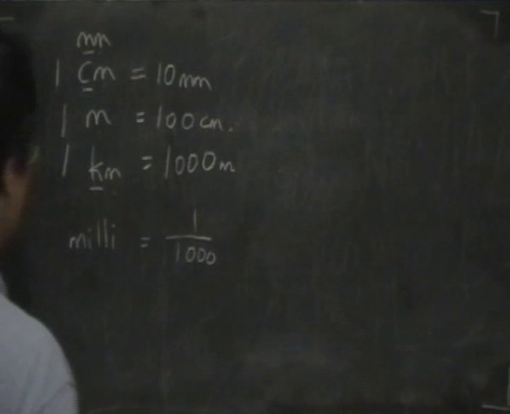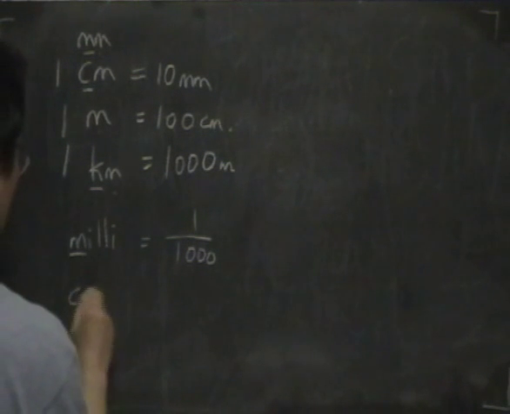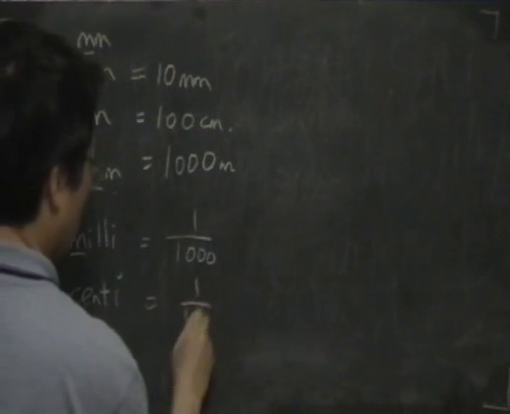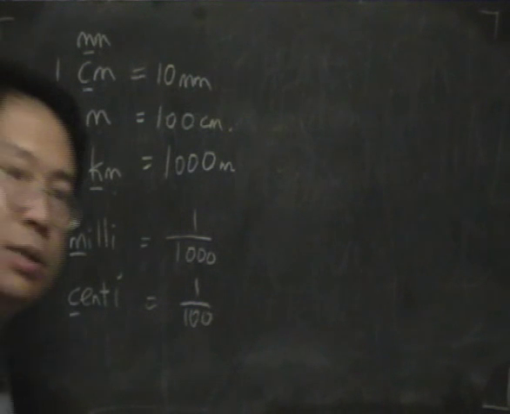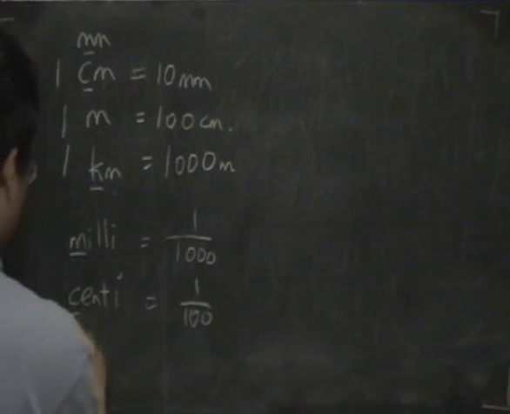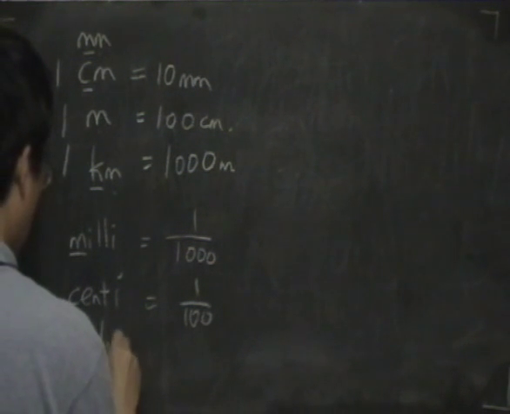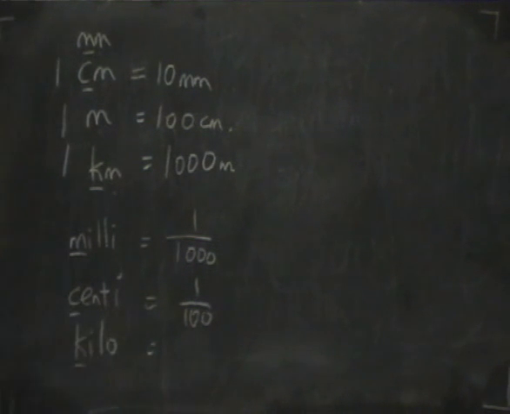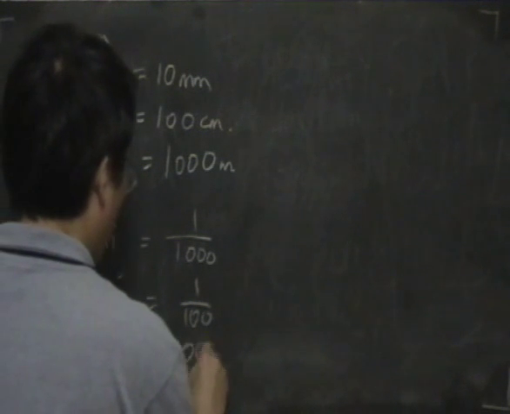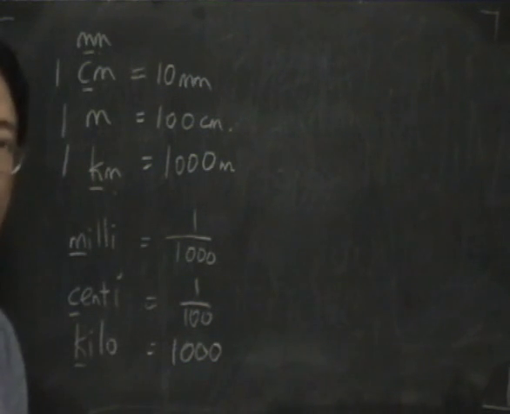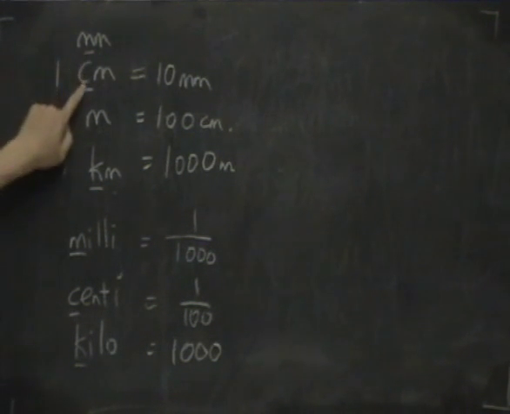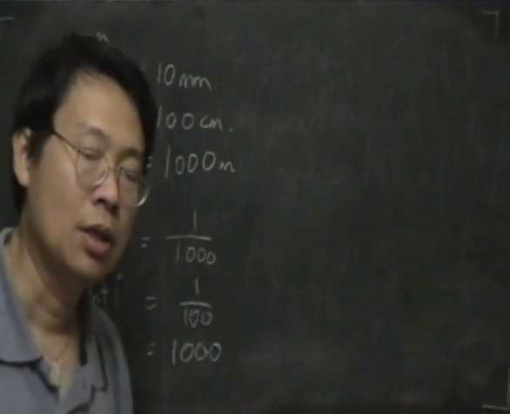Right, the C there stands for centi, and centi means 1 over 100, and the K there stands for kilo, and kilo means 1000. So these are really what the letters here mean, right?